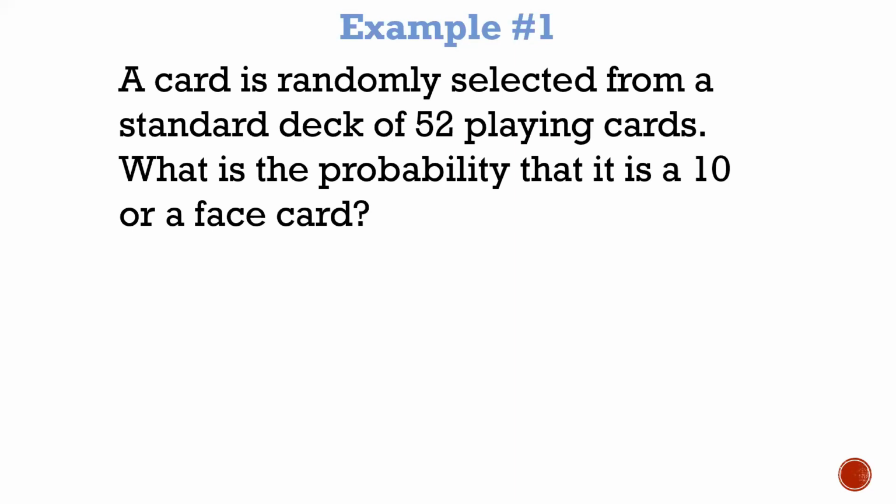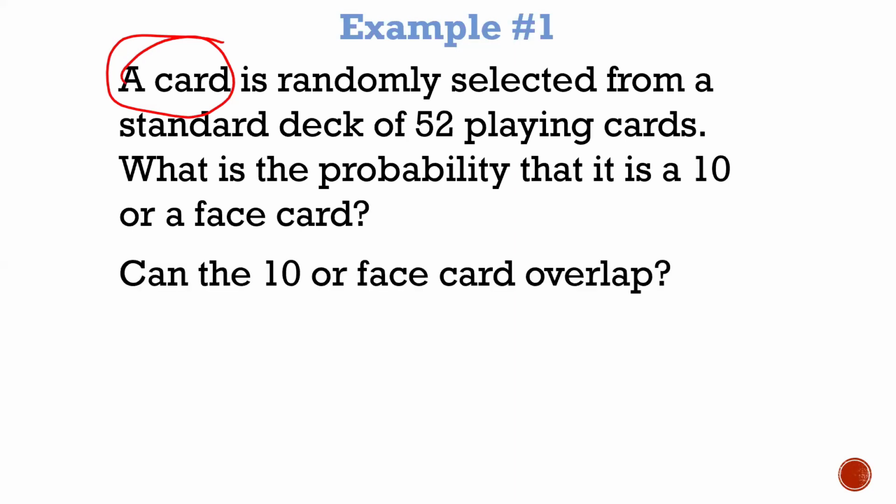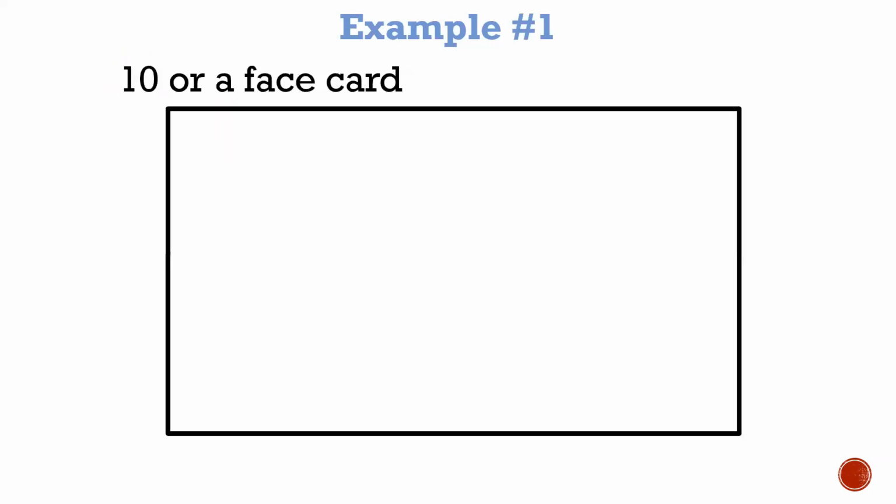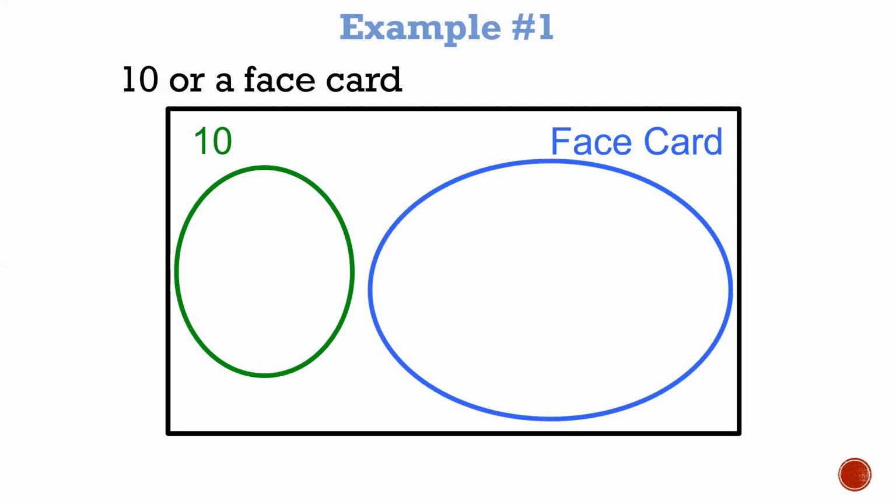Notice that it says a card is drawn. Read carefully, right? So the answer here: are these overlapping events? The answer is no. Since they're not overlapping, they're mutually exclusive events, so you can just straight up add these probabilities. How many outcomes are there for 10?